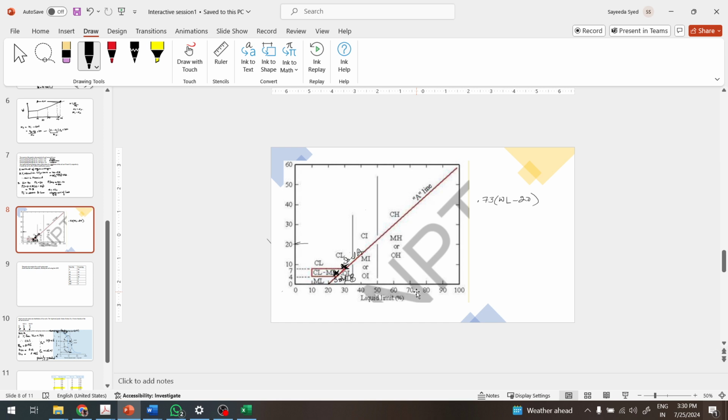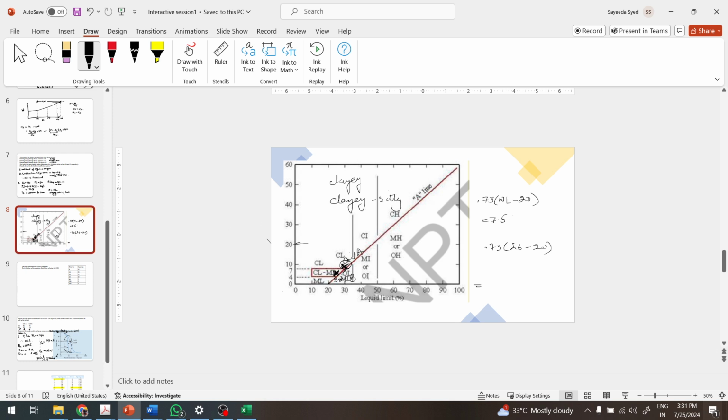WL is 30. 0.73 times (30 minus 20) is 7.3. IP here is 8. So it is clay. Soil A is clay, and soil B is 0.73 times (26 minus 20), which is 4.38. And we have 6, okay, both of them are clay, clayey silt.